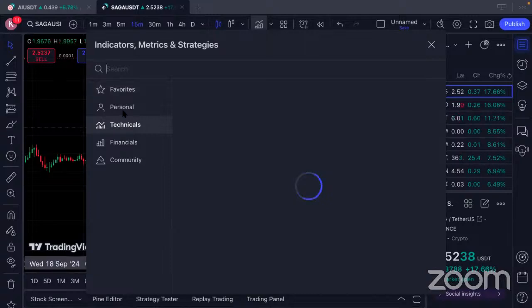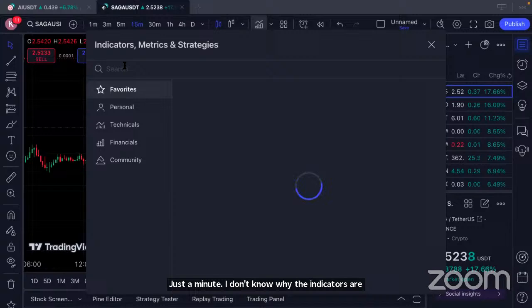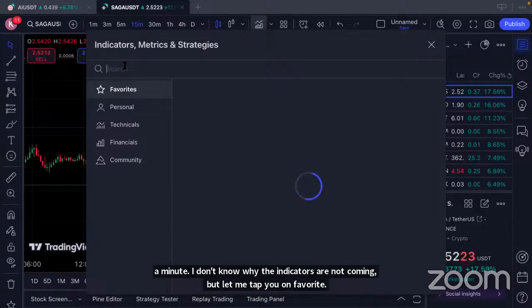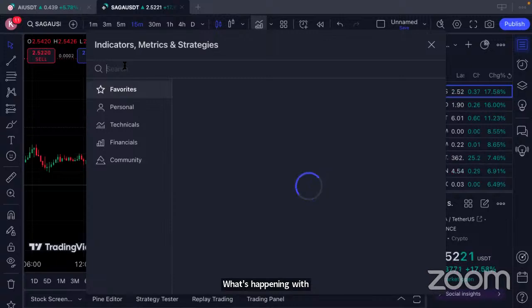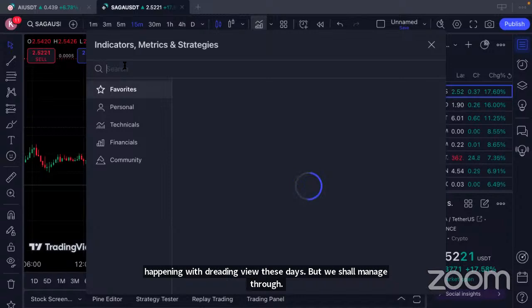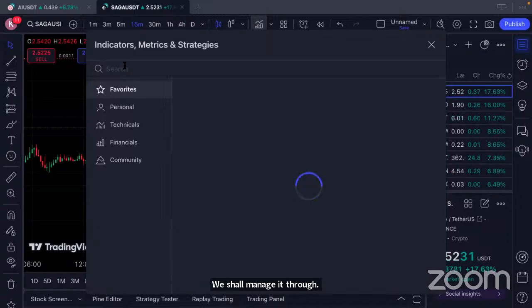Just a minute. I don't know why the indicators are not coming, but let me tap you on favorite. What's happening with TradingView these days? But we shall manage it through.